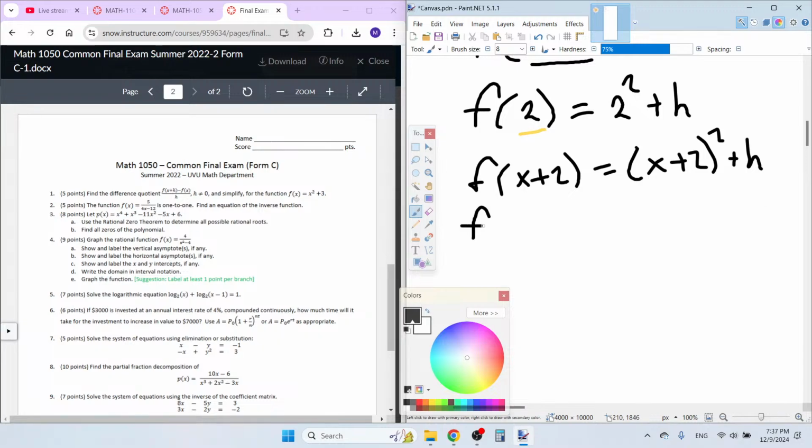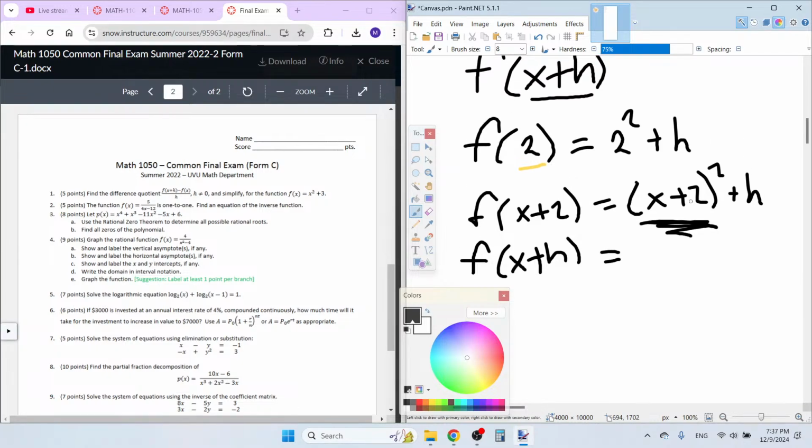And if I have f of x plus h, that's the same idea as this x plus 2, but instead of a 2, I have a second variable h. I'm sorry, I shouldn't have had an h. Our equation was x squared plus 3. So let's make that a 3. There we go.